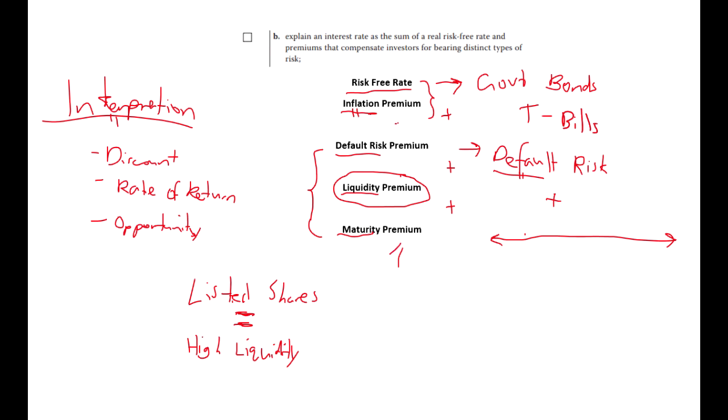Then finally we have the maturity premium. If we look at a timeline and we look at investing in a fixed income security, specifically let's say a corporate bond of some description. We have our time 0 here, and we have two choices of corporate bond to invest in.